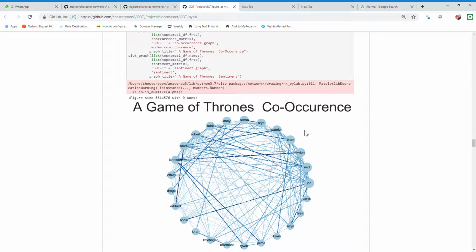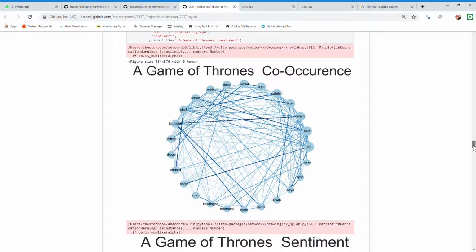And remember, this is on the sentence level, so in sentences, these characters were mentioned together very frequently when it's dark. When it's lighter, it means they've obviously had connections, but not as significant. And remember, these are our top 25 characters, so they're all probably going to have some intertwined nature with each other. We tried to plot it out in the spring layout, but it didn't look much better.